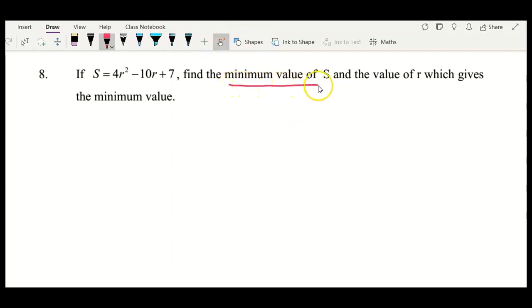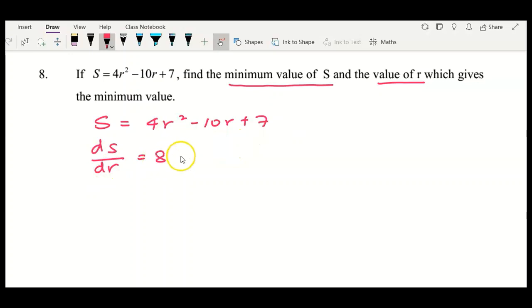One is the minimum value of S, the other is the value of R which makes the minimum value. Alright, so this is a very simple question. Write down the function in terms of R. Get your dS/dR first, because your function is already in a single variable, so you just differentiate it without changing anything.